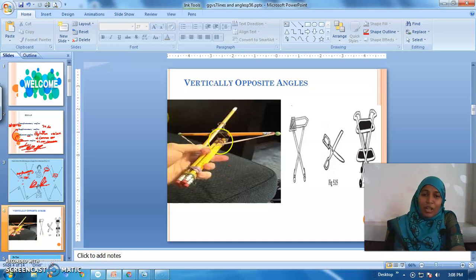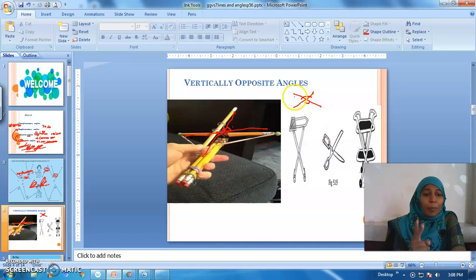Here, what I am going to say is, we have 2 lines intersecting. We have 4 angles: 1, 2, 3 and 4. These opposite angles are said to be vertically opposite angles. Whenever we have a symbol like X, when 2 lines intersect, we have vertically opposite angles.